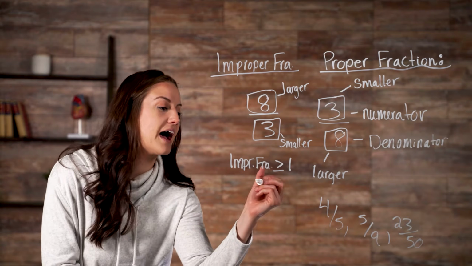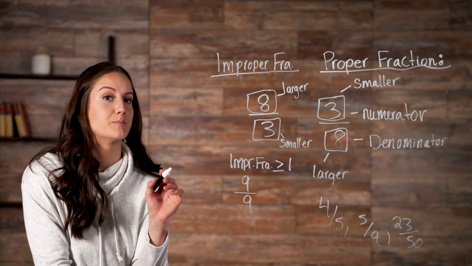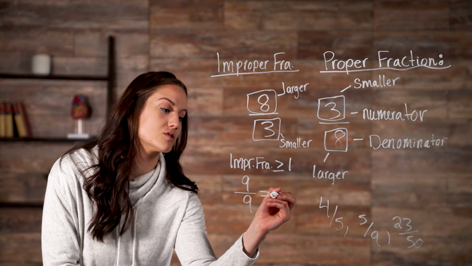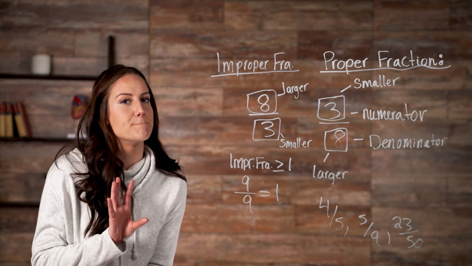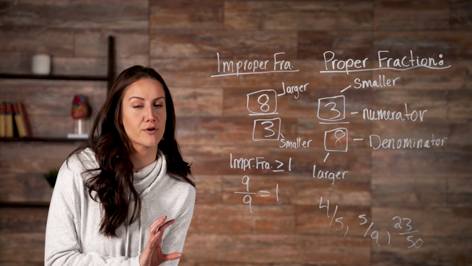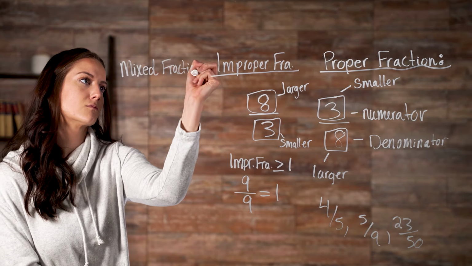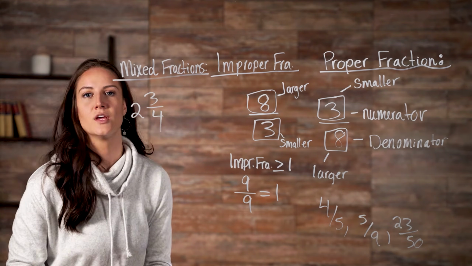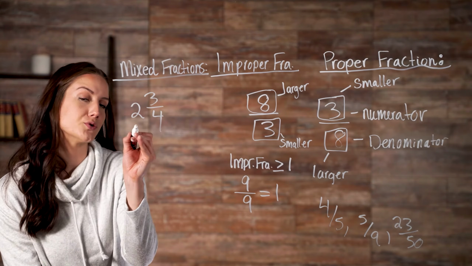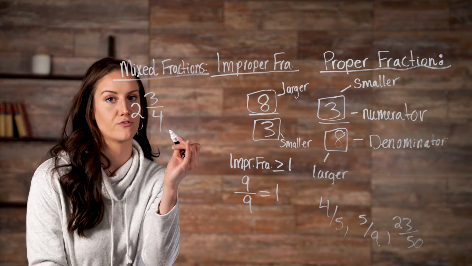That means that 9/9 is an improper fraction since it's equal to 1. There are also mixed fractions, which contain a whole number and a proper fraction. Here's an example. Note that the whole number 2 is followed by the proper fraction 3/4.